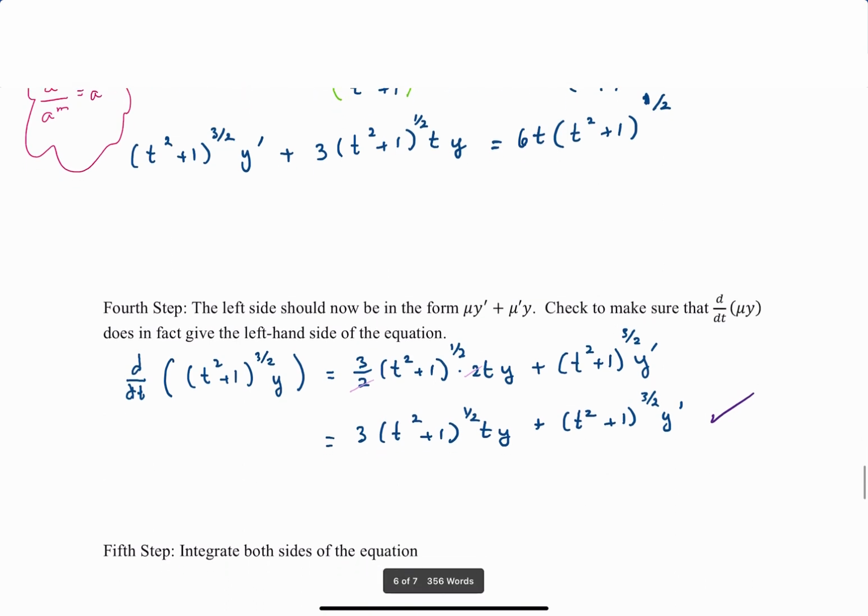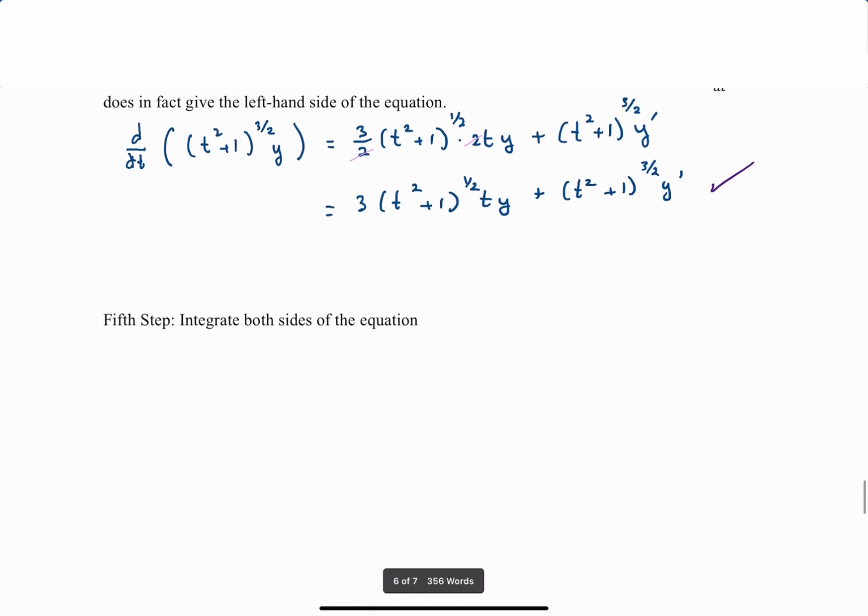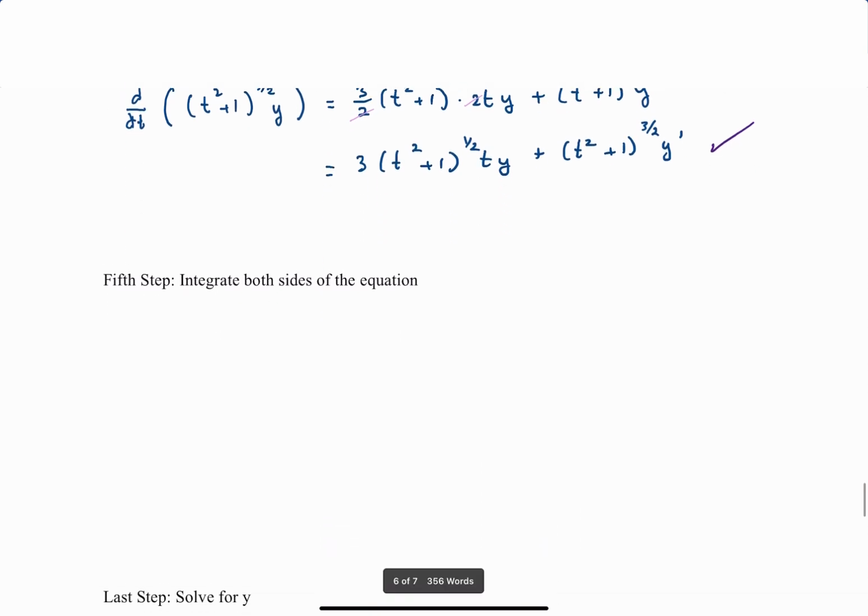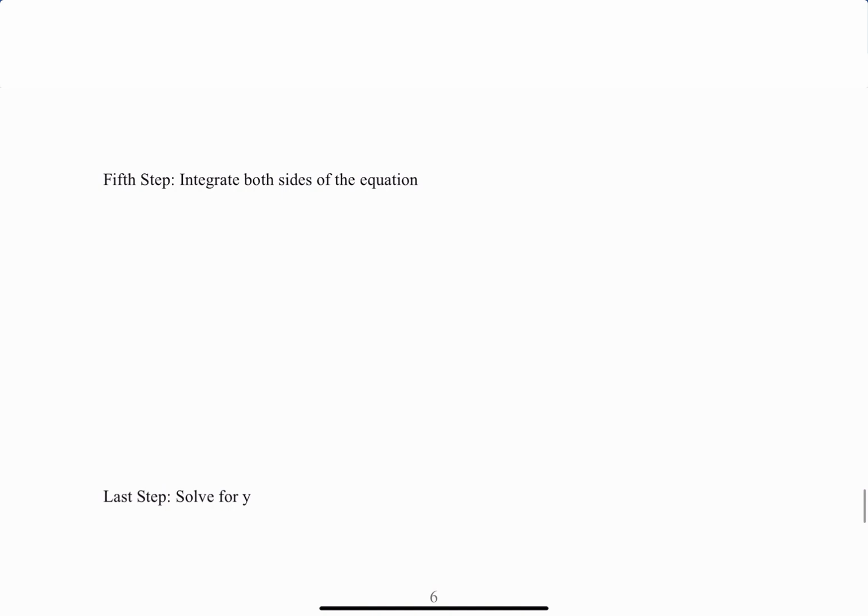We're ready now to integrate both sides of the equation, but I'm going to write the left-hand side in the form d dt of (t squared plus 1) to the 3/2 times y, and then we're integrating that.